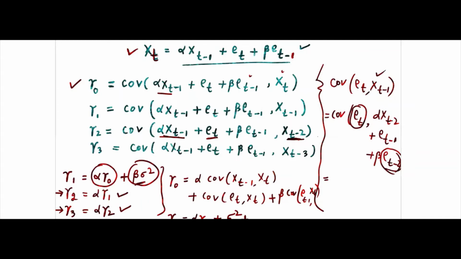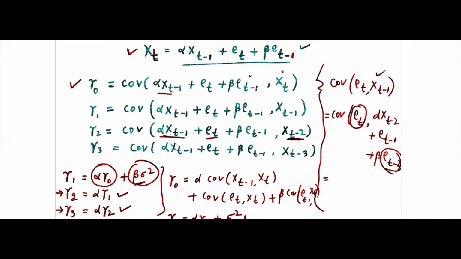Which term have I written here? Covariance of et xt, covariance of xt minus 1 xt, then beta covariance et. Where is the term covariance of et? Because we will still get terms here, like two terms are here in gamma 1, gamma naught, three terms you will get.